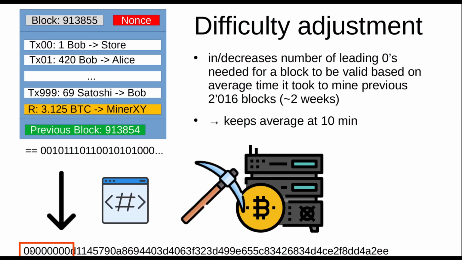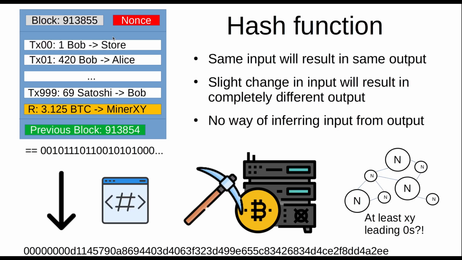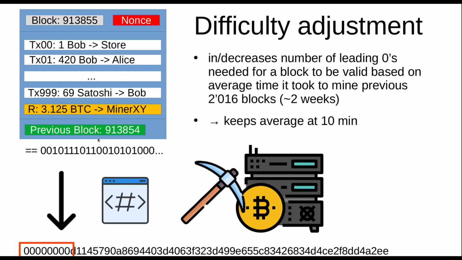And the more leading zeros that are needed, the harder it is to find a block that has this number of leading zeros. Because of the property of the hash function, that it is impossible to predict the output, every hash function calculation is basically a random outcome.